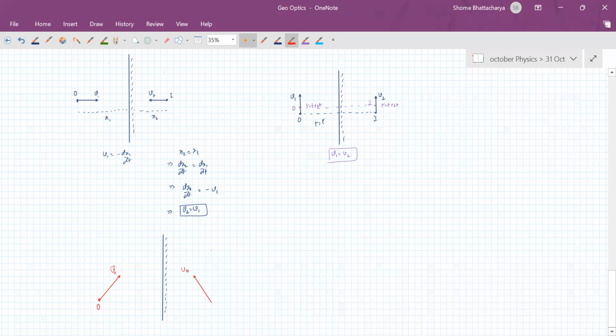So here the velocity of the image will become like this, such that the component of the velocity of the image which is normal is equal and opposite. So if this was 6 i cap, this is minus 6 i cap as a vector. And if this was 8 j cap, then this is plus 8 j cap.